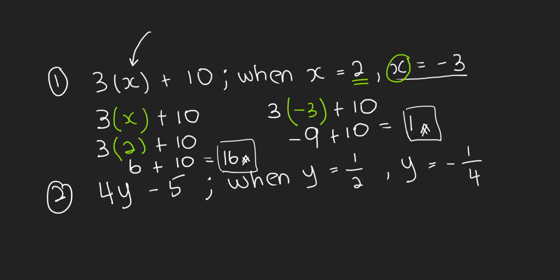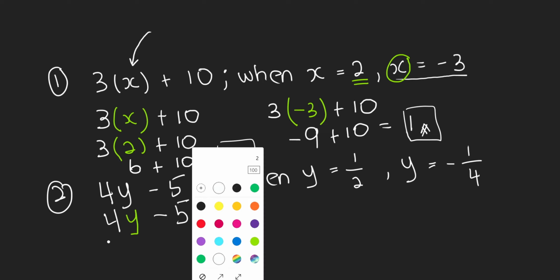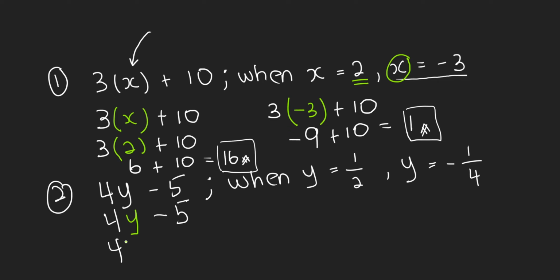All right, let's go to the second one. Now the second one I have is 4, and it is given to us in this form, 4y, without the bracket, right? But it means the same thing. So it's 4 multiply y minus 5. And remember, multiplication takes precedence in arithmetic. You can refer to BODMAS to understand this better. So at the moment, I'm going to substitute y with the value of half.